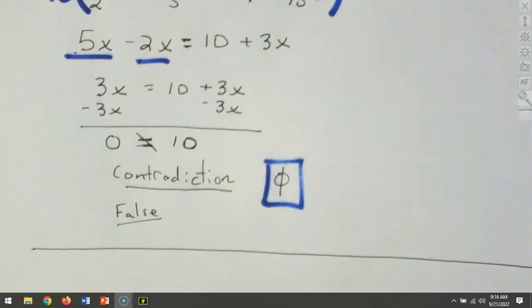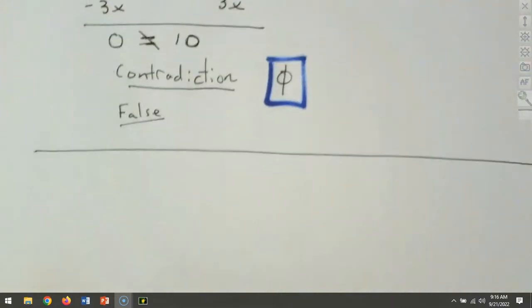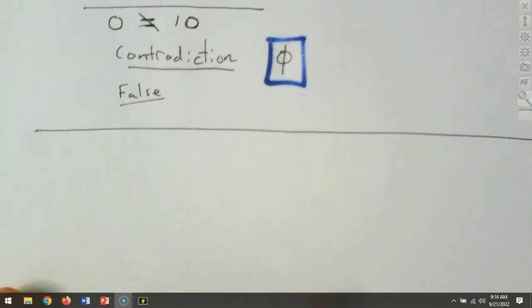That's a contradiction, and it has no solution. The other ones are called conditional. We don't really name them that often. We just solve them. Okay, so we're now going to look at some where we get answers again, and then we'll look at some more identities and contradictions later on.